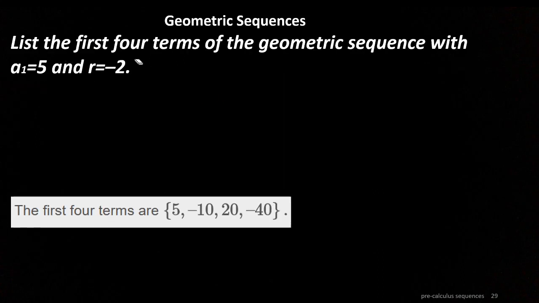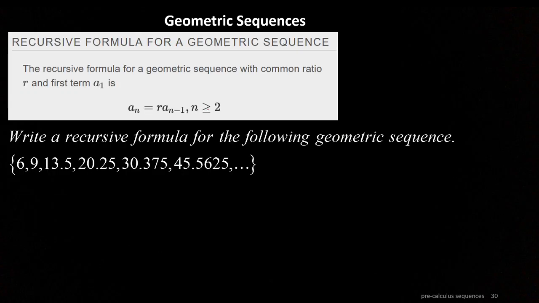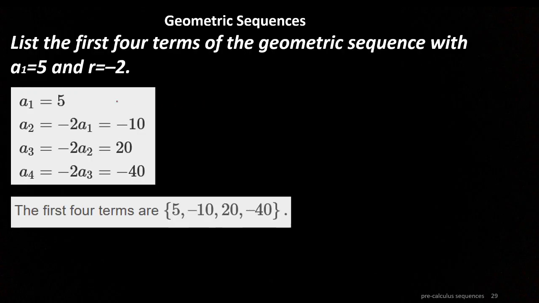So here, list the first 4 terms. Well, we can do that. It says A1 is 5 and R is -2. So we start with positive 5 and keep multiplying by -2.